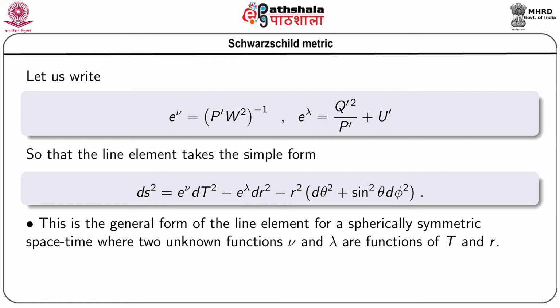So, this is the general form of the line element for a spherically symmetric space time, where the two unknown functions nu and lambda are functions of capital T and r.